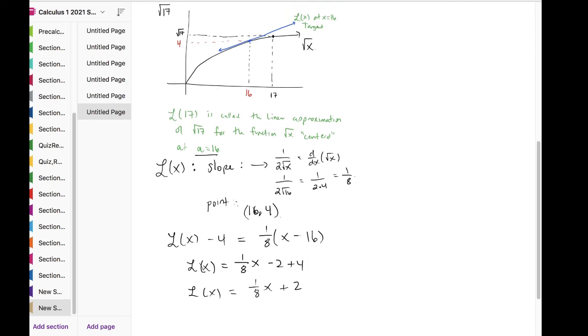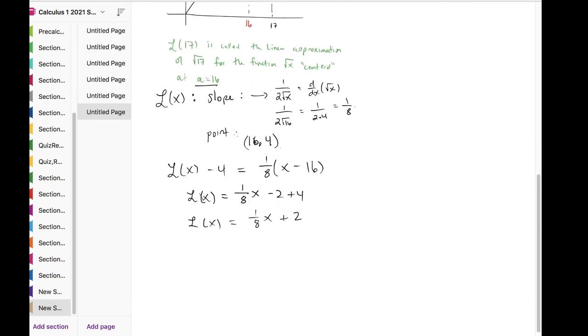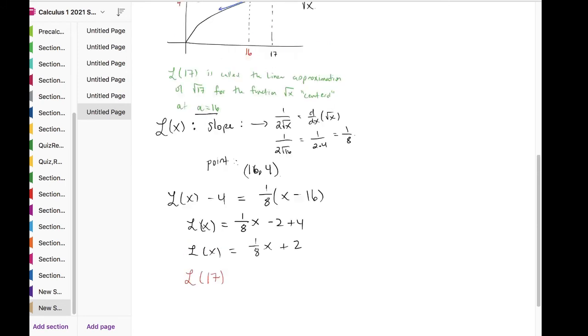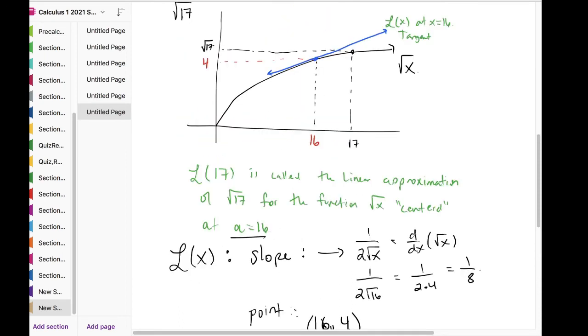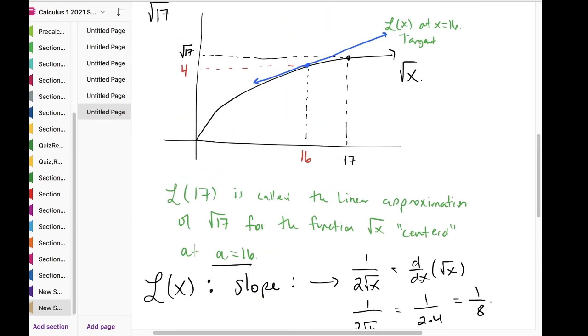Okay, so what is the linear approximation? Well, we're saying that the tangent line hugs the curve around 16. Notice that the further out you get, the worse this approximation is, right? So if I plug in like 20, it's not going to be as good as an approximation.